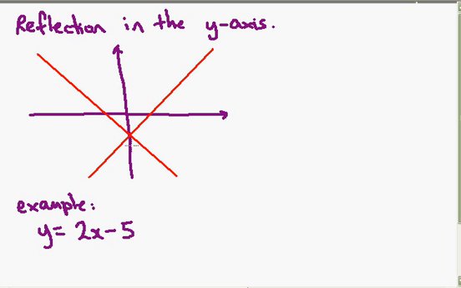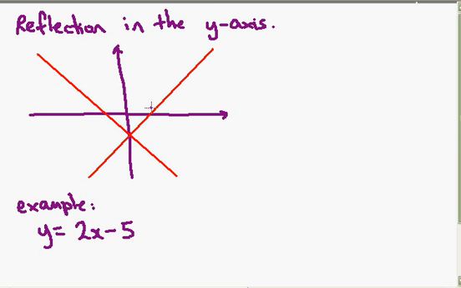So just having a look at this graph, if you take this line as your original line and this line as the image, if you think about it, the y coordinates of each point on this line has not changed. The height of each y coordinate is the same. What has changed is the x coordinate.